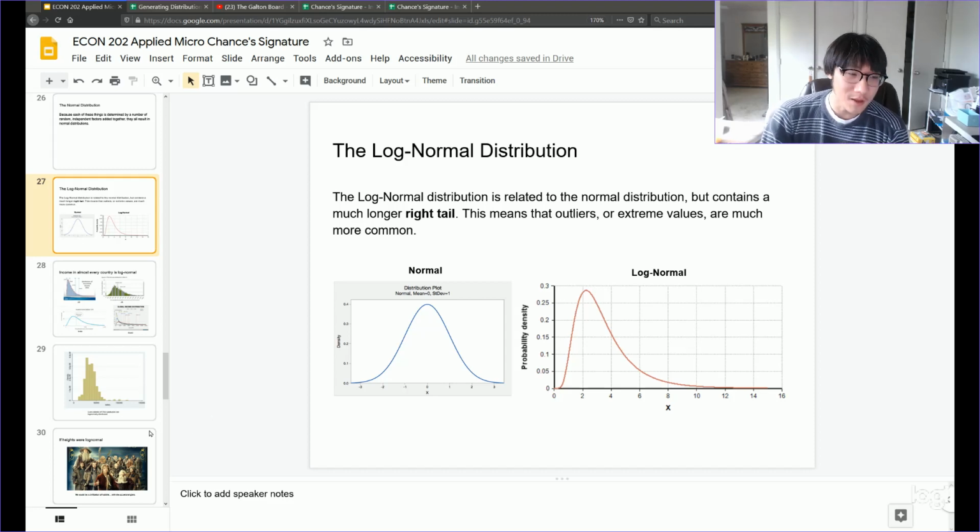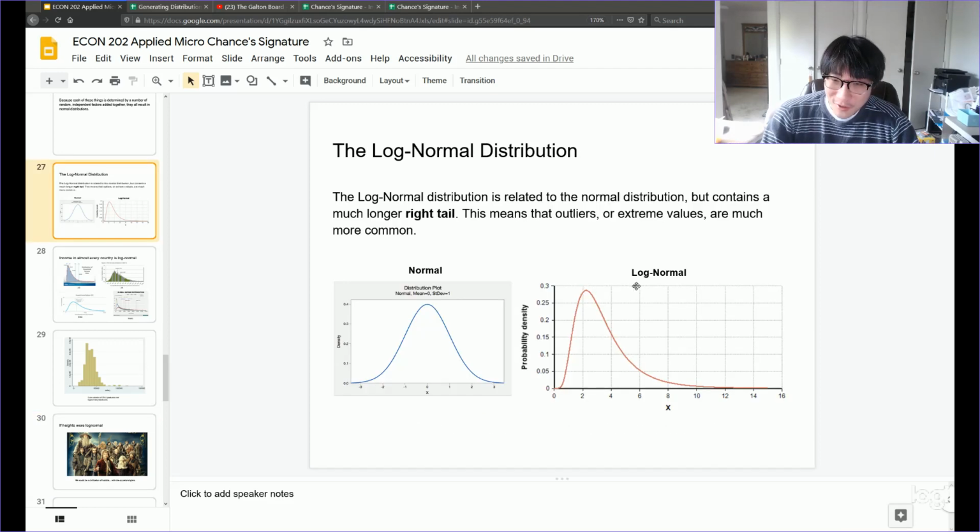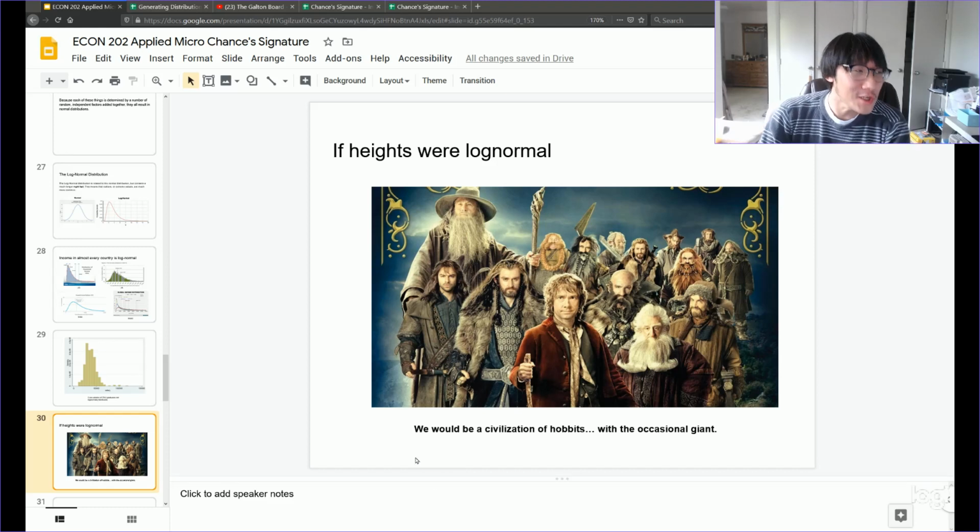Well, then we would live in a very different world. The way it would look is basically there would be a civilization of hobbits, people who are pretty short. And then very occasionally, you would see a giant, some guy who's like 10 feet tall. That's what a log normal distribution would look like if heights were distributed log normally.